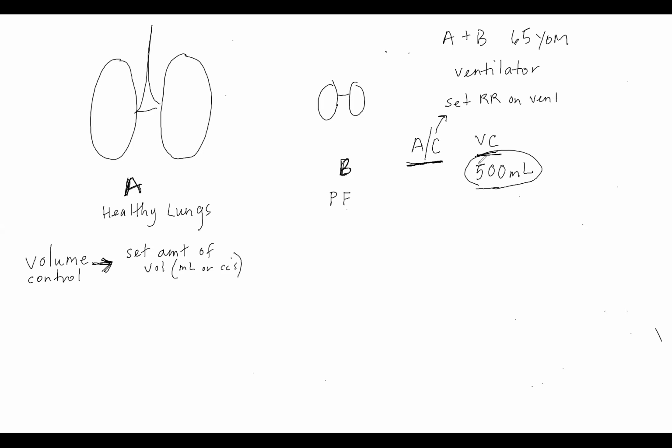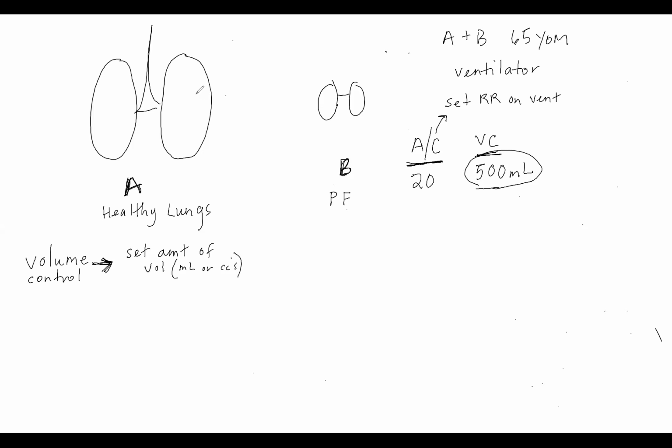Okay, so for this particular patient, we're just going to choose 20 breaths per minute. So if I have a patient who's on AC VC, which is the way that we would say that, at 20 breaths per minute at 500 milliliters per breath, that means that 20 times per minute, this ventilator is going to deliver 500 cc's of air into this patient, okay?